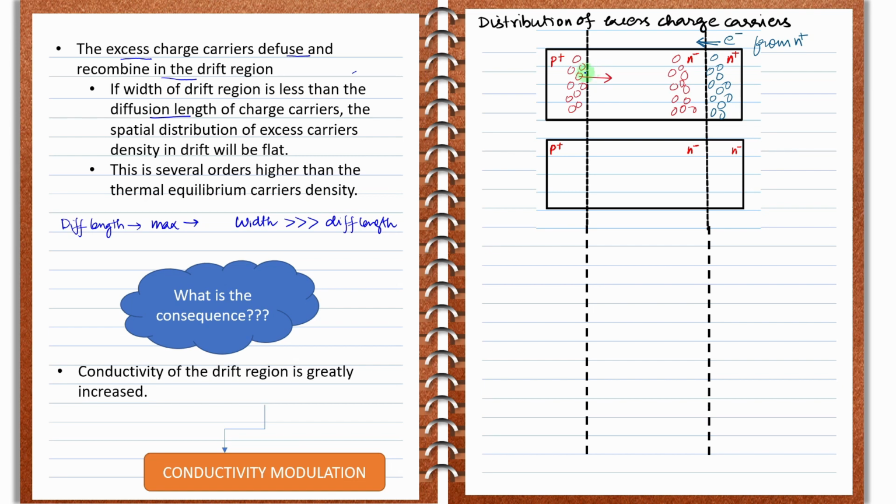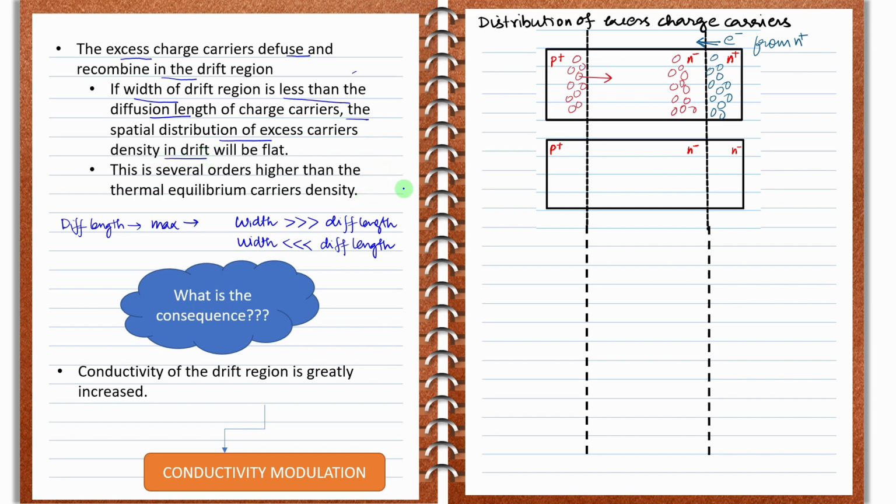So it is important that the width of the drift region is much less than the diffusion length of the charge carriers. If that is the case, the spatial distribution of the excess charge carriers in the drift region will be flat.